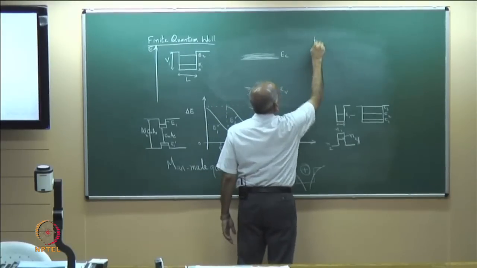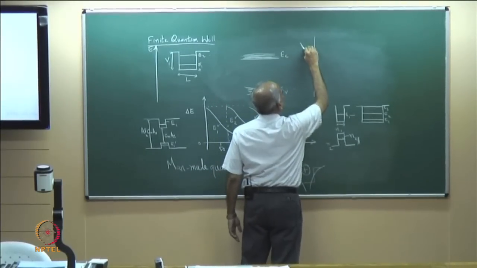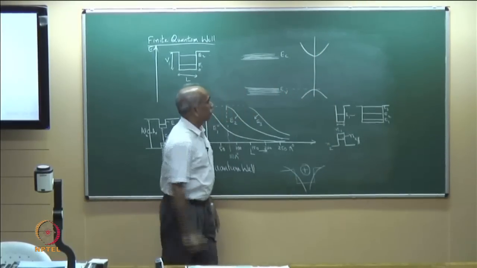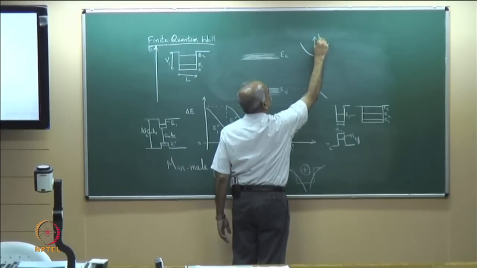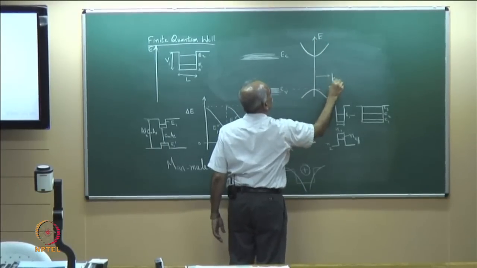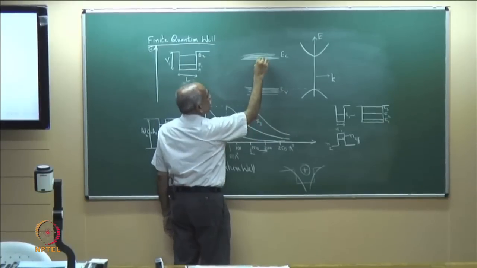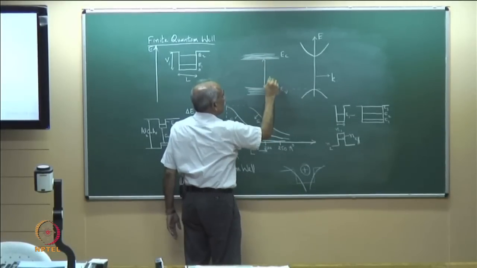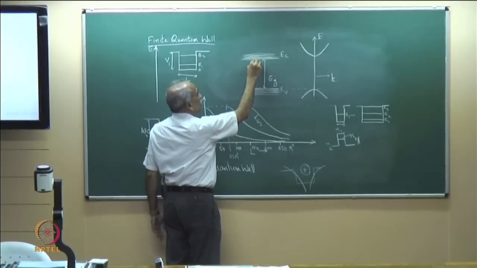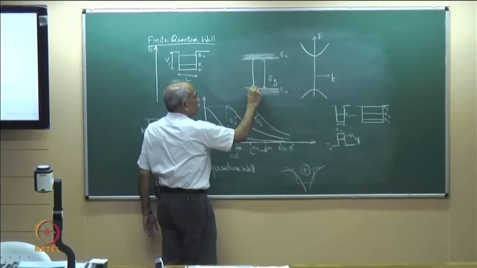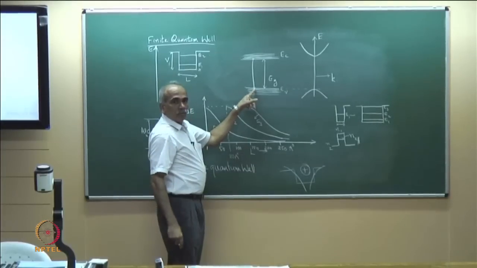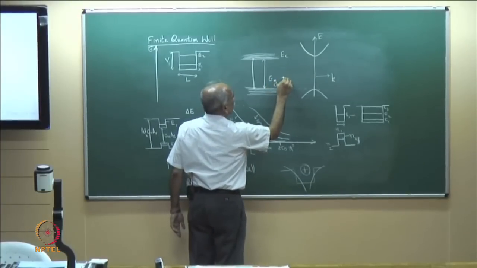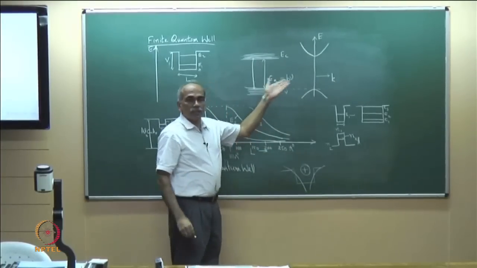Correspondingly, in the E-K diagram, we have the conduction band and the valence band. So these are equivalent. So this is E and K. There are a large number of states here right from EC, and therefore the energy band gap EG, which is here. An electron which is sitting right at EC could come down and recombine with a hole which is sitting at EV, and the energy of the photon which is emitted will be equal to Eg equal to h nu.